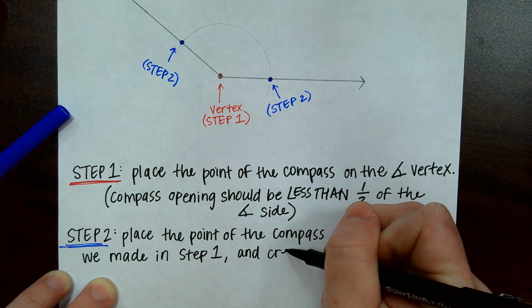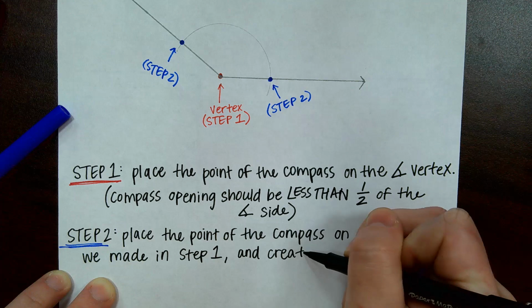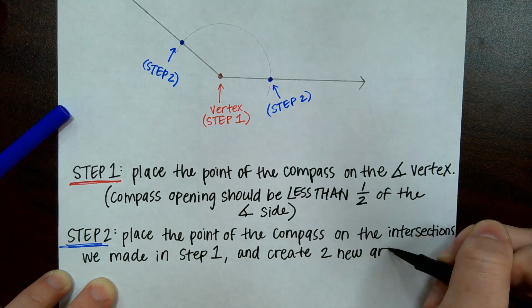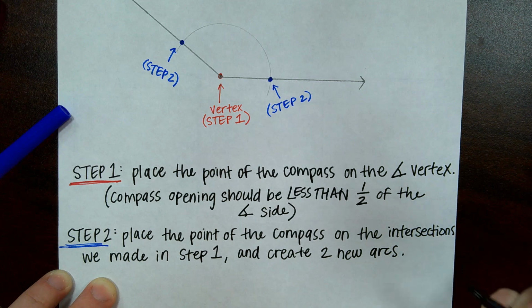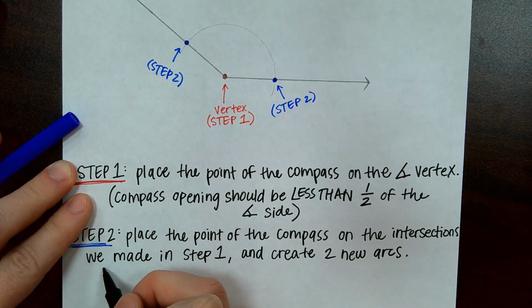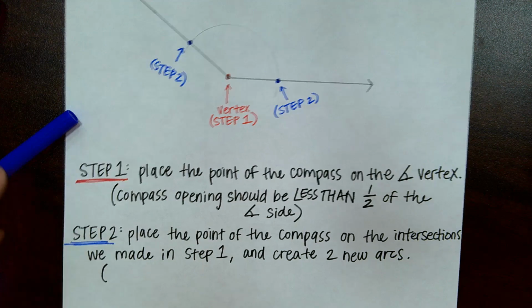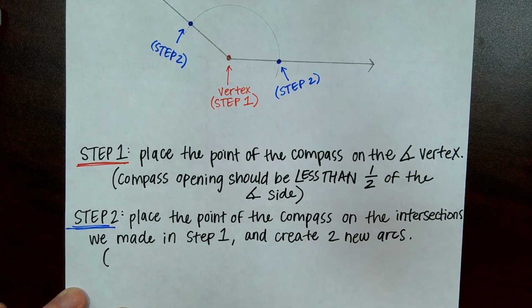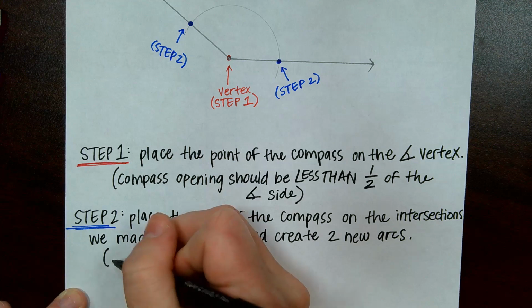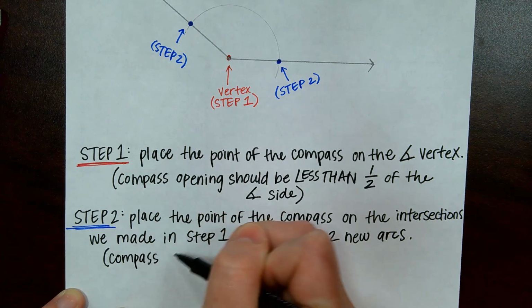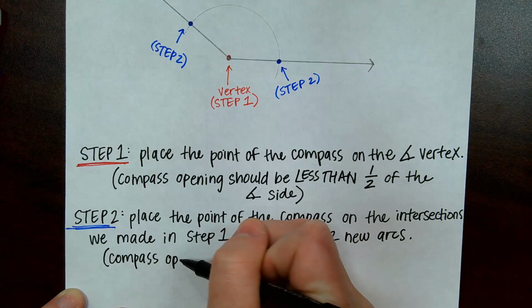Create 2 new arcs. In parentheses down here, I'm going to say the compass opening should be the same as step 1. So we want to keep it the same opening the whole time.